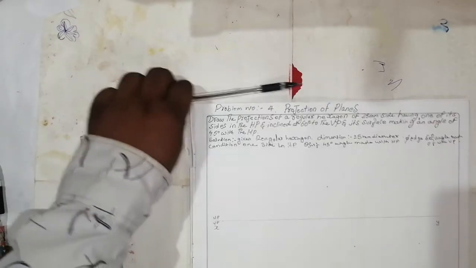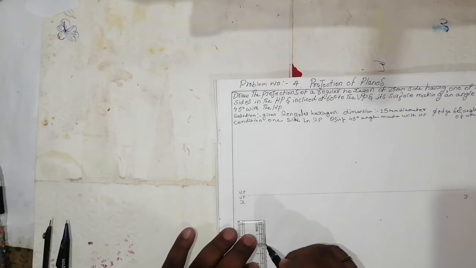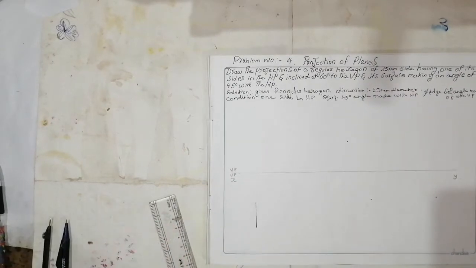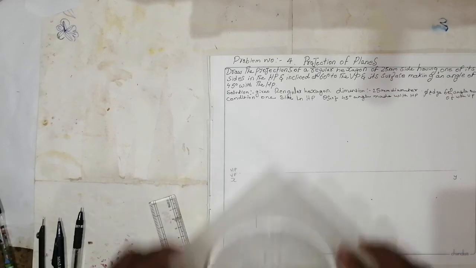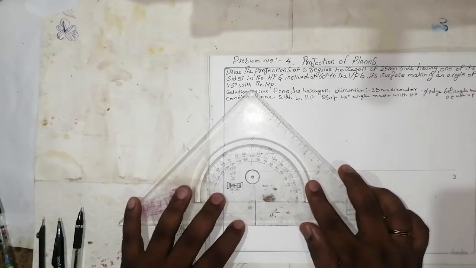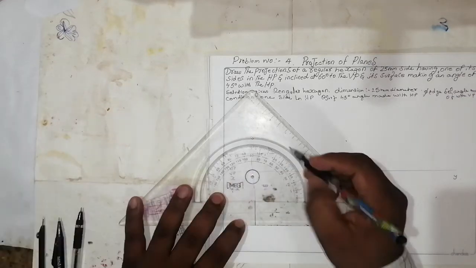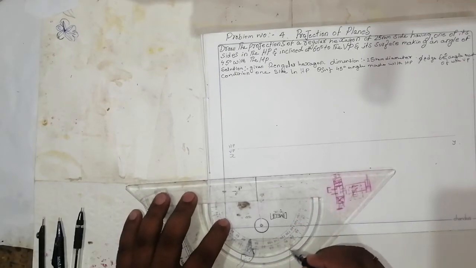So we have to take a line of 25 mm like this. After that, using a protractor, take 120 degree from the point where the edge is here.